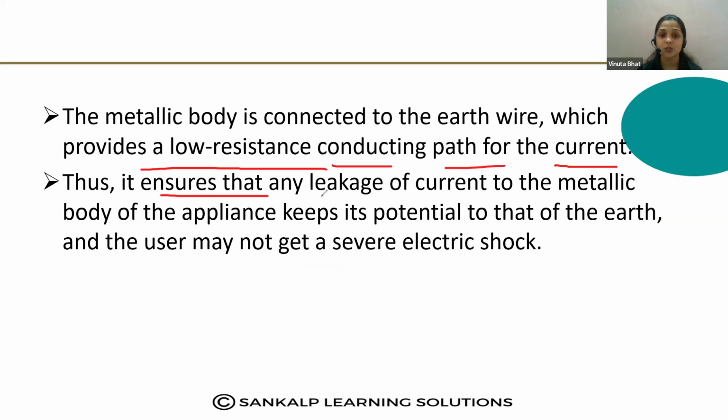Thus, if there is leakage of current to the metallic body of the appliance, it keeps its potential equal to that of the earth, and the user may not get a severe electric shock. That's why it is important to connect the earth wire.